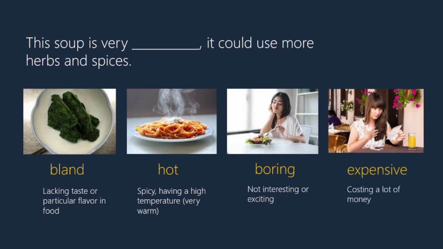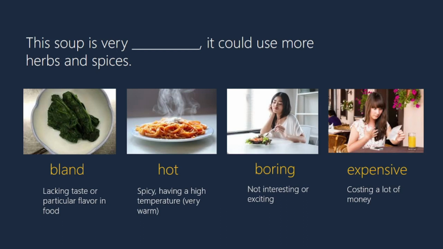So now, the soup is very hot. It could use more herbs and spices. It doesn't really fit with the sentence. Boring, expensive, but the right option here, I'm sure you have probably already guessed it. So bland is the right answer. See the second part of the sentence, it says could use more.